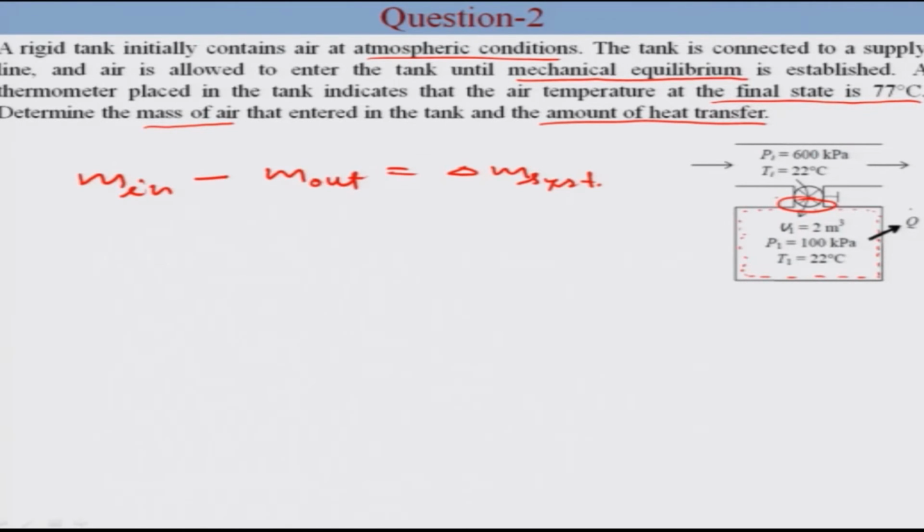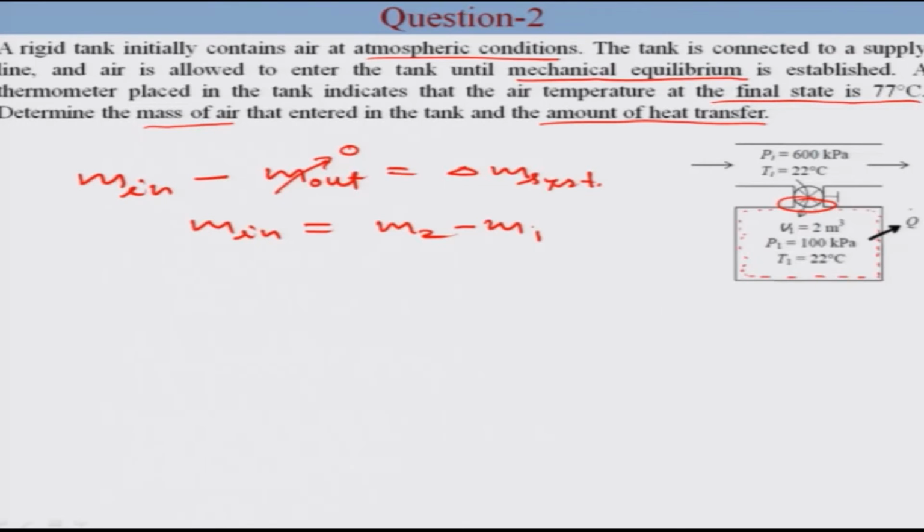Nothing is coming out of the system, so the mass out will be 0. So from here mass in will be equal to change in mass of the system, which is M2 minus M1.